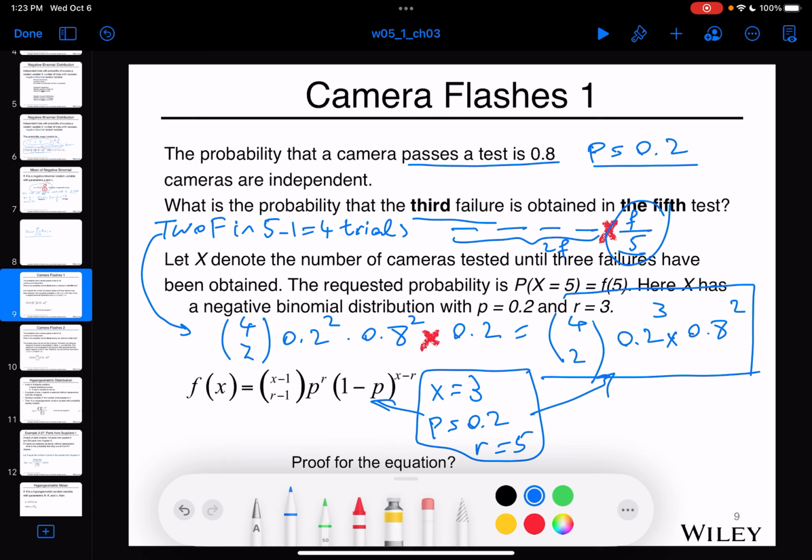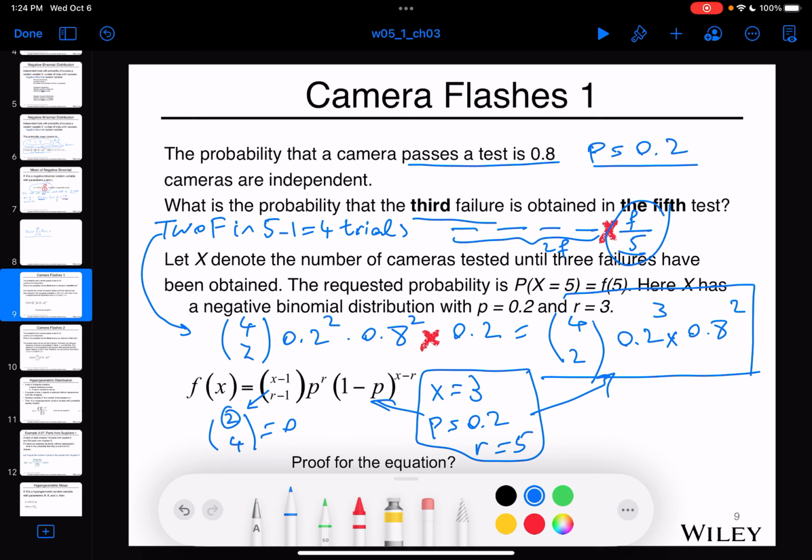So I did make a mistake, right? So in the negative binomial here, what I wrote here actually is completely incorrect, because now if you plug in here, I'm going to get 2 choose 4, right? Which is 0. There's no way I can choose 4 from 2 objects, right? The top guy has to be always higher, right?